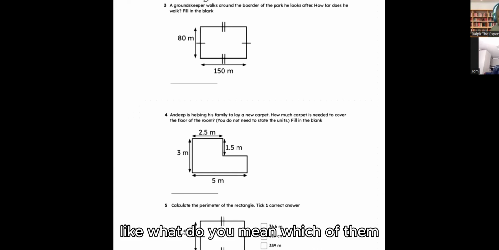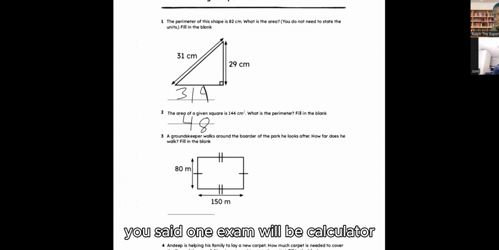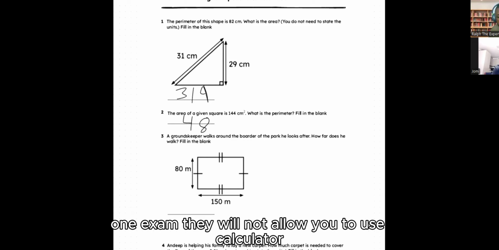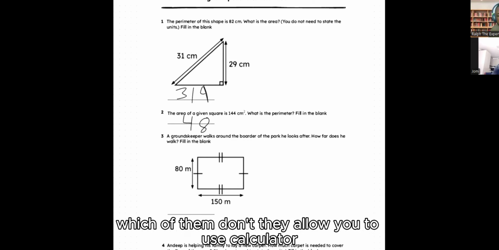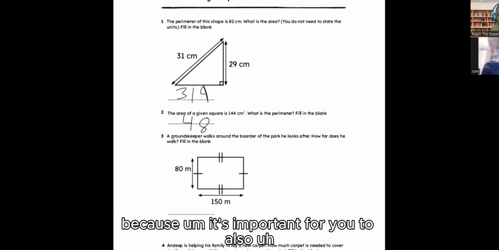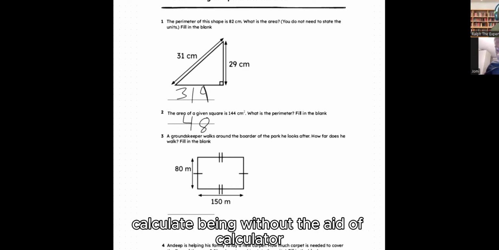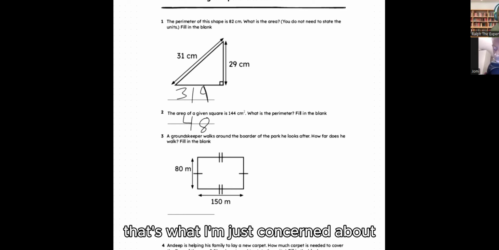Like, what do you mean? You said one exam will be calculator, one exam they will not allow you to use calculator. So which of them don't they allow you to use calculator? Because it's important for you to also calculate even without the aid of calculator. That's what I'm just concerned about.